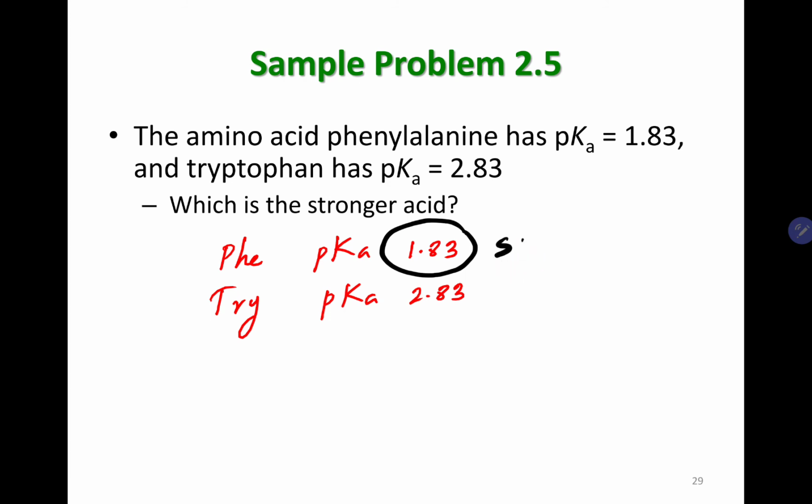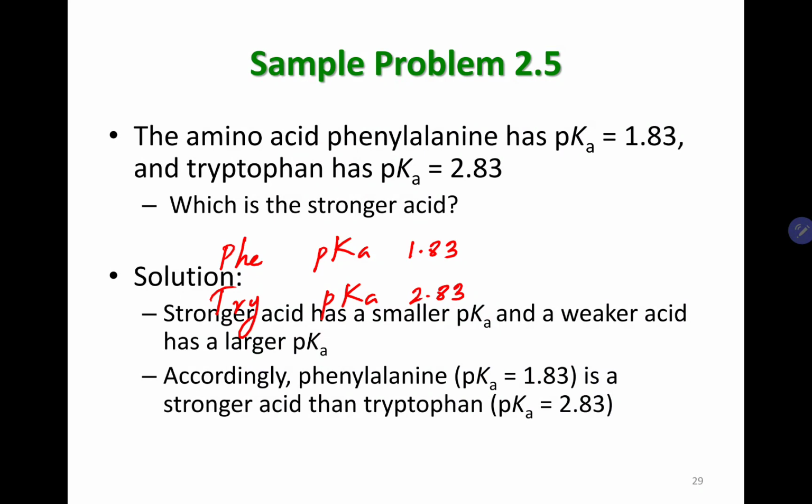So this is stronger. According to this example, phenylalanine has a lower pKa value, which means it is the stronger acid than tryptophan. All right, so here is the answer.